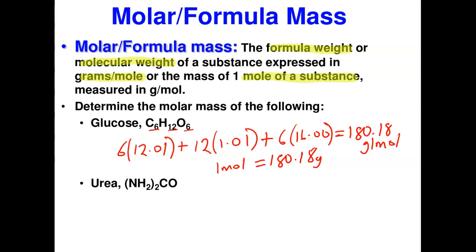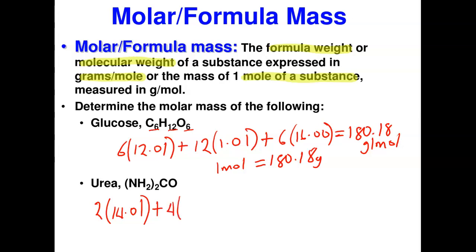Again, there are 2 atoms of nitrogen. Remember, the parenthesis has to multiply whatever we have inside. So this is going to be 2 times 14.01, plus, now again there are 2 atoms of hydrogen inside the parenthesis. We're going to multiply with this 2, and that's going to give us 4.